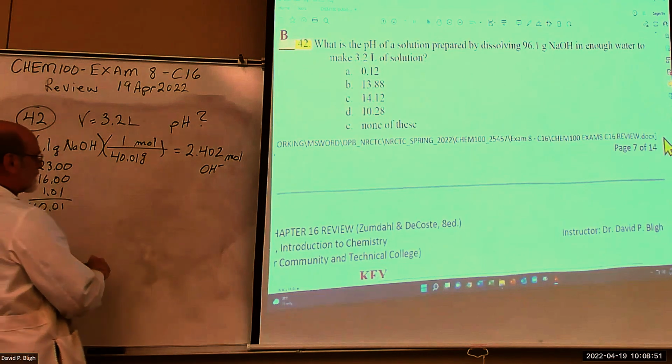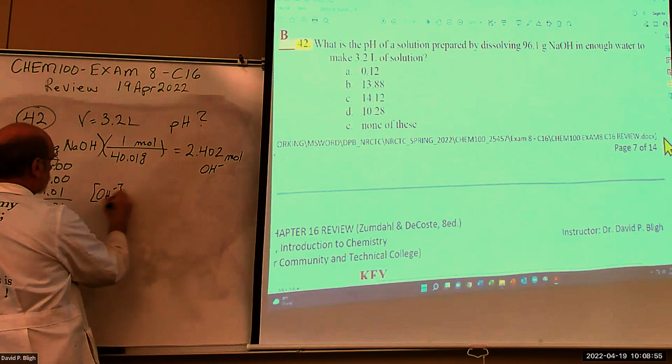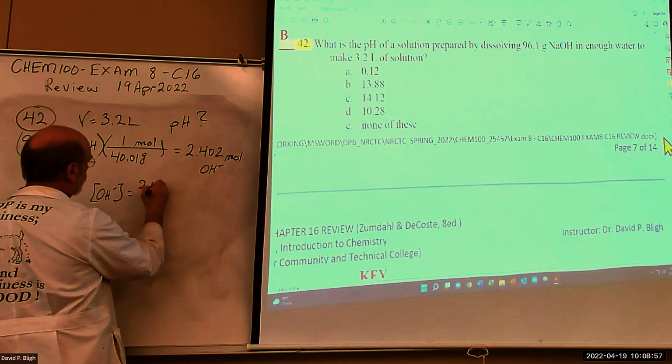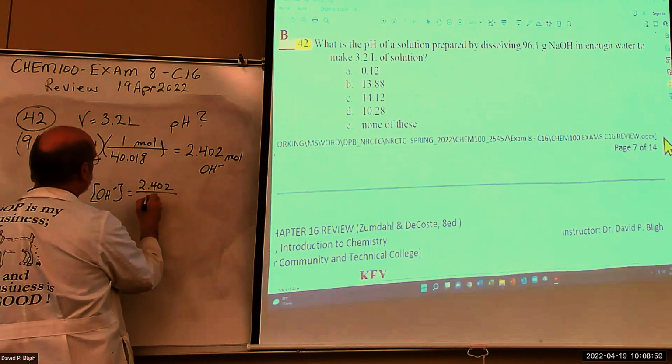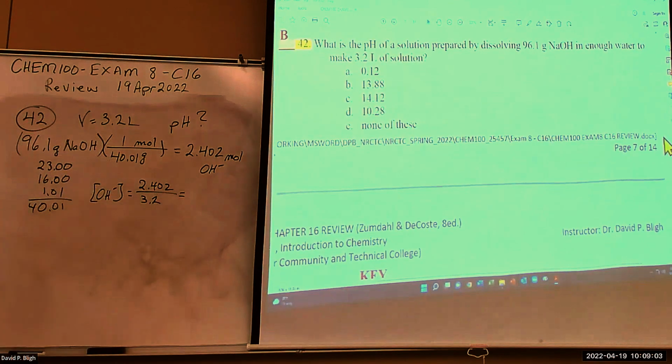Now we can calculate the OH concentration. 2.402 divided by 3.2 moles per liter.